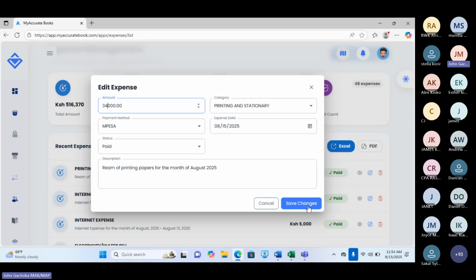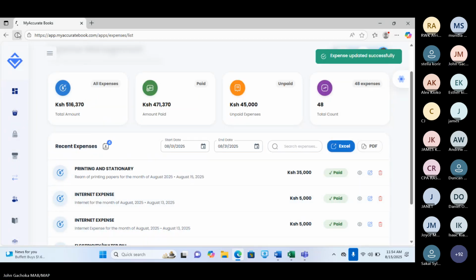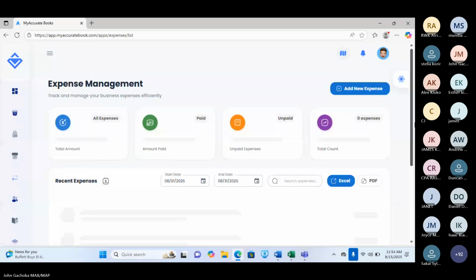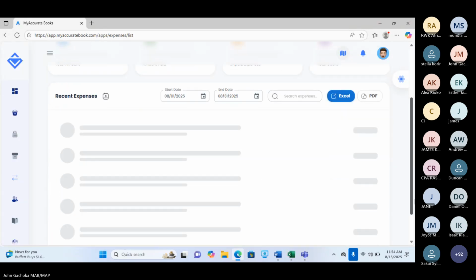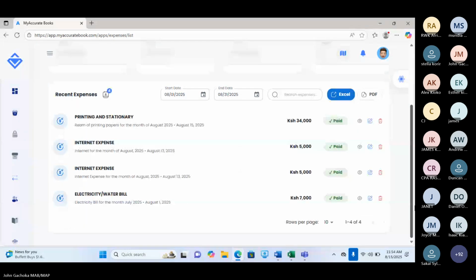You can update that and save changes. It loads. So as you can see, it now reads 34,000.